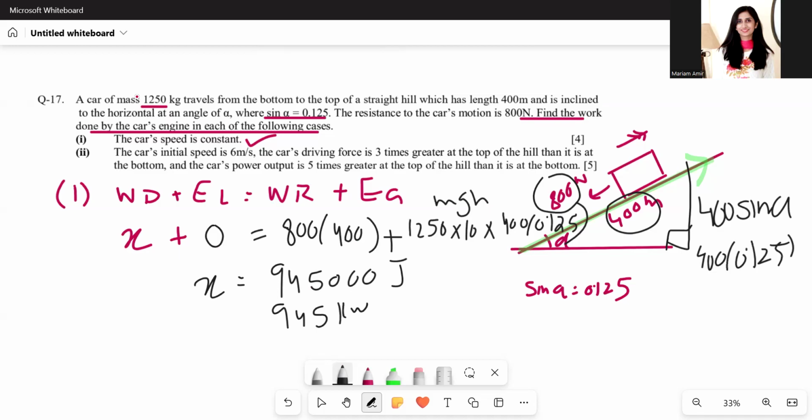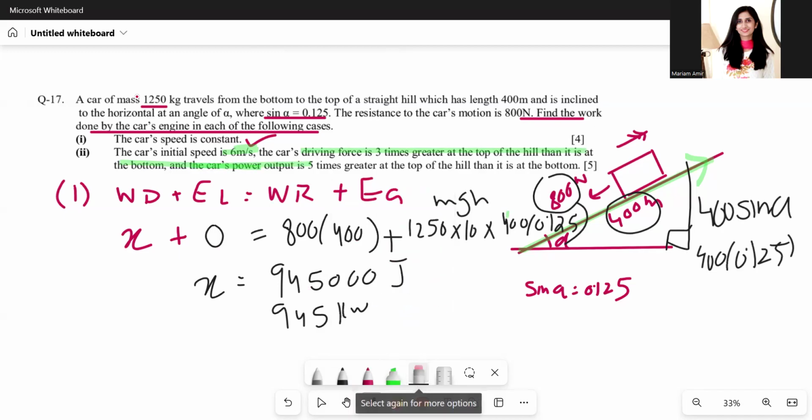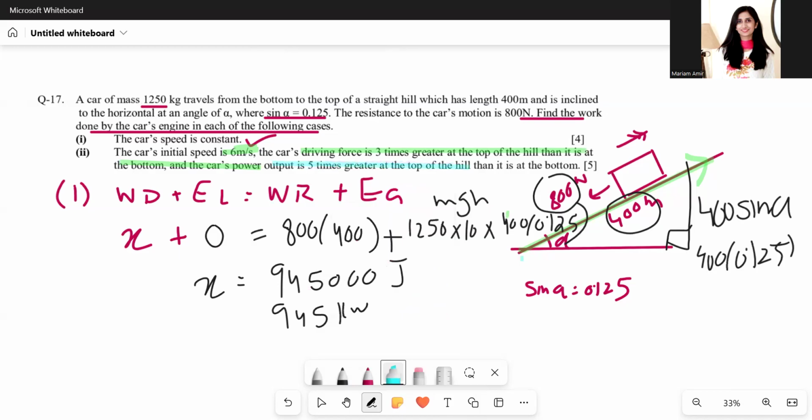Okay. Let's take a look at the second part, which says, again, find the work done by the car's engine when the car's initial speed is 6, and the car's driving force is 3 times greater at the top of the hill than it is at the bottom, and the power output is 5 times greater at the top of the hill than it is at the bottom.